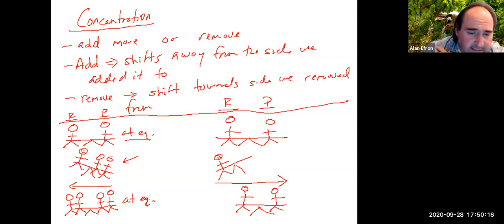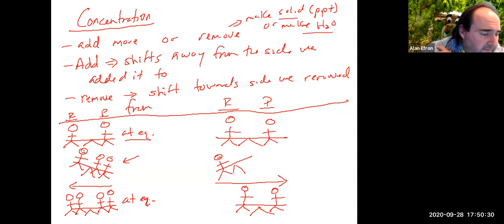Two ways to remove are to make a solid or a precipitate, or to make something like water. And the reason why these two things work well for removing things is that when we talk about equilibrium, there are really two things that are not included. We do not include anything that's a solid or anything that's a liquid.